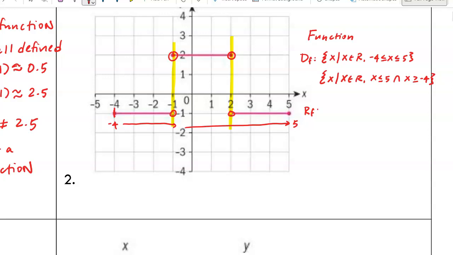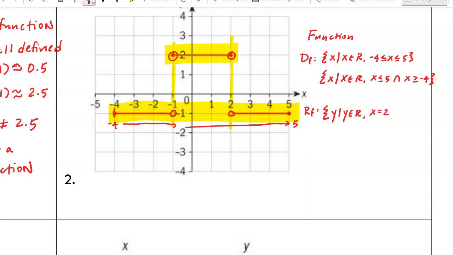The range of the function is going to be y such that y is an element of all real numbers. And once again, we can go ahead and identify that. And you can write it in set builder notation and just say, what is y equal? y equals -2 and +2.